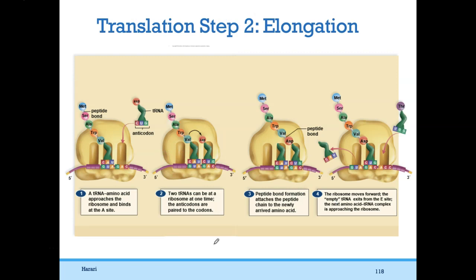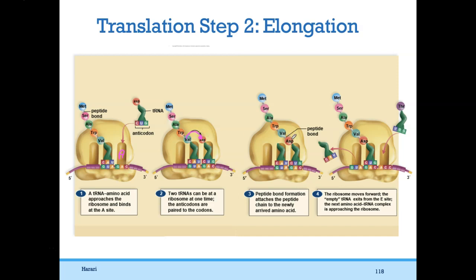This is the picture from the book, right? So after, consider this is the amino acid chain. We have a new one that comes in at the A site. The entire polypeptide chain will then be attached to the incoming amino acid, right? A peptide bond is going to be made.